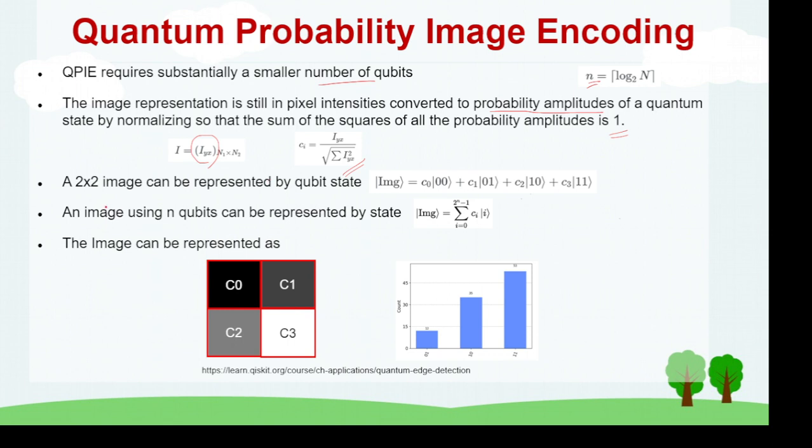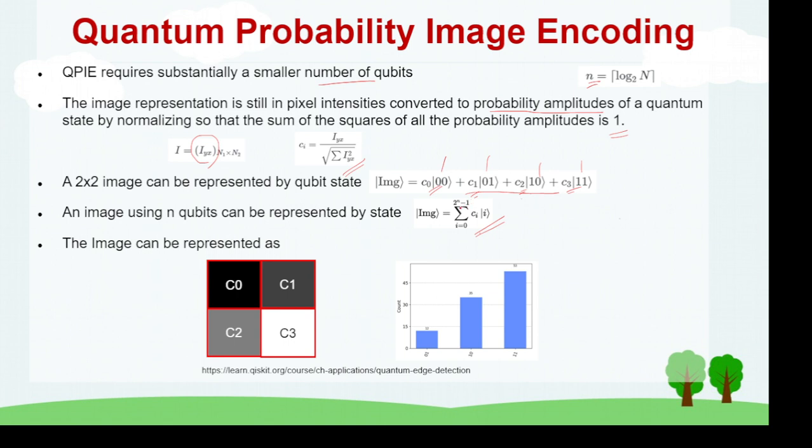Typically a 2 by 2 image can be represented by a qubit state like this. As usual we'll have 4 indexing states, and to that we add some probability amplitude. We can also write an equation like this, i equals 0 to 2 to the power of n minus 1.